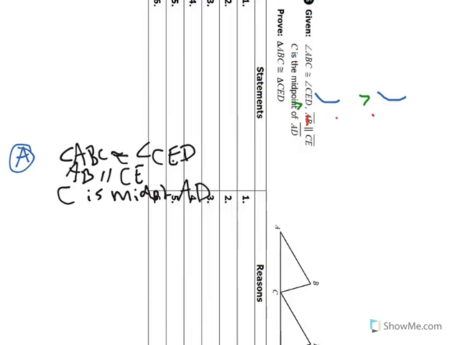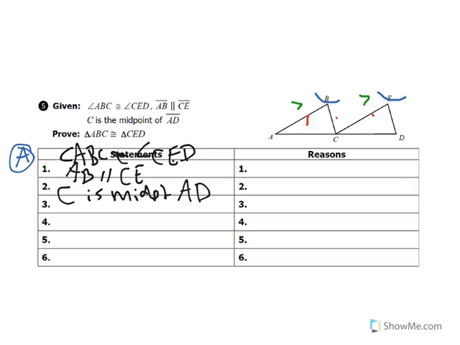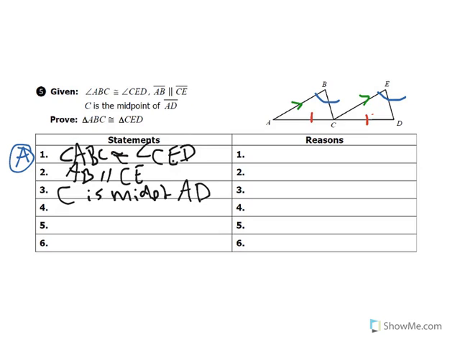Whoops, let me rotate that back for you. So we have two sides that are congruent down here. And all three of those are all given, so I can put that as the reason. Given, given, and given.